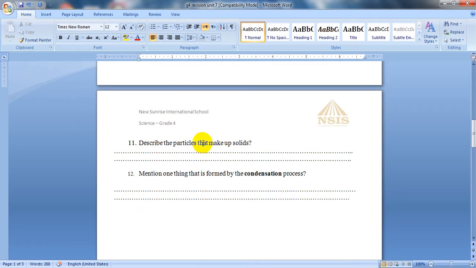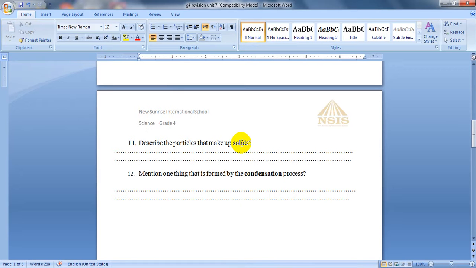Describe the particles that make up solids. Let's remember together what are solids. A solid is just one state of matter and it has definite shape and definite volume. Why? Because its particles are so close to each other and they don't move, they are still in their place, they just vibrate in their place.